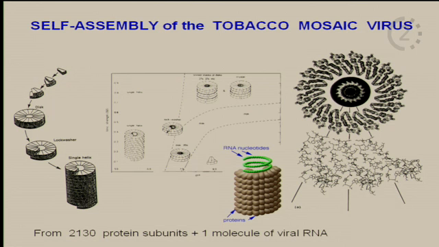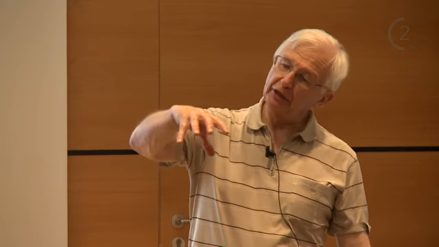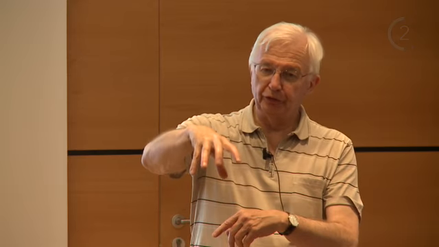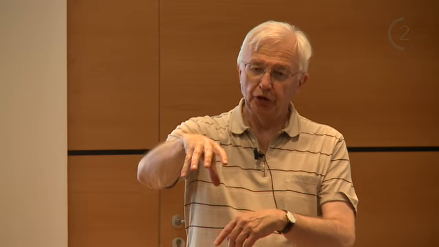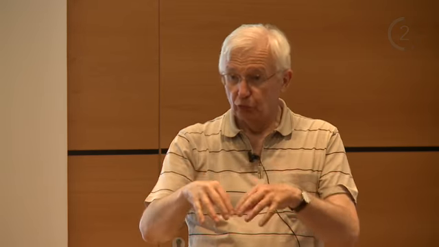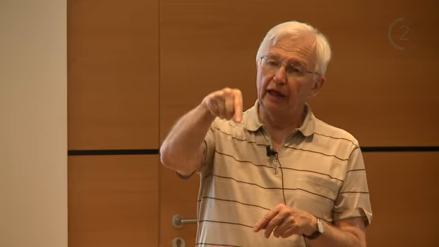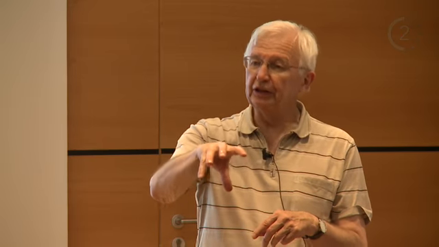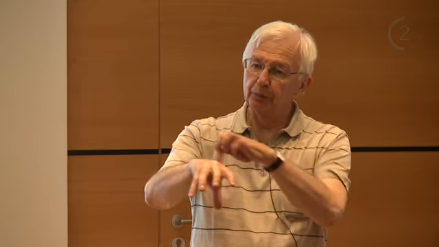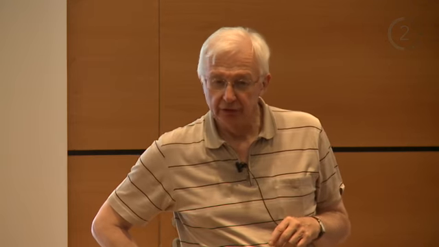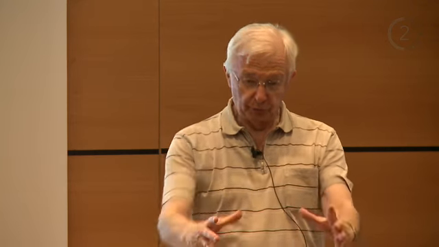So they took plastic, they made a sort of concave entity, which had a shape a little bit like the proteins of the virus. And they put on this little piece little magnets at the positions where the proteins interact.